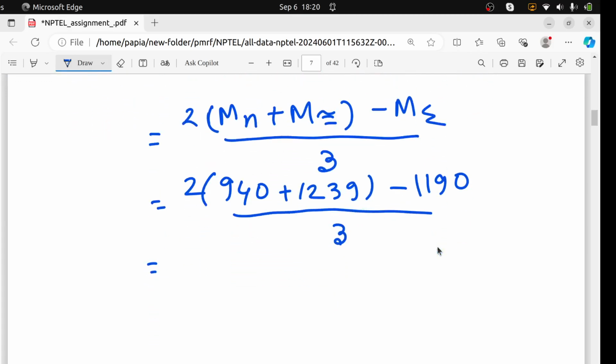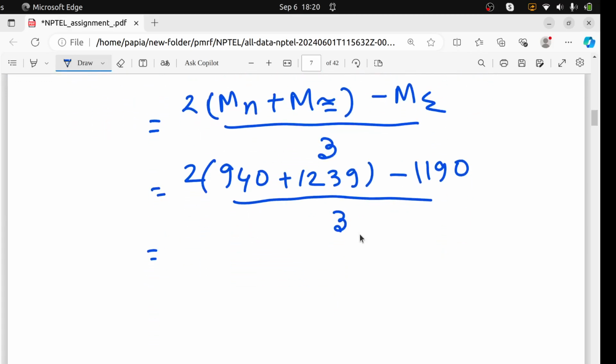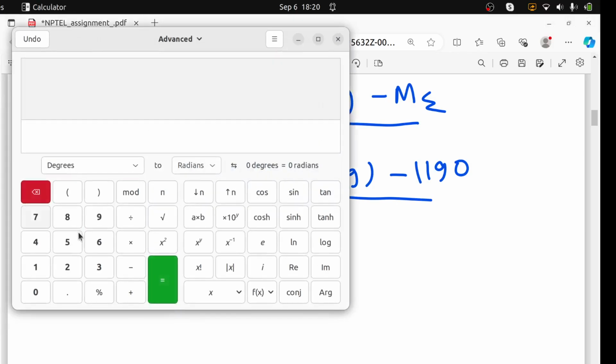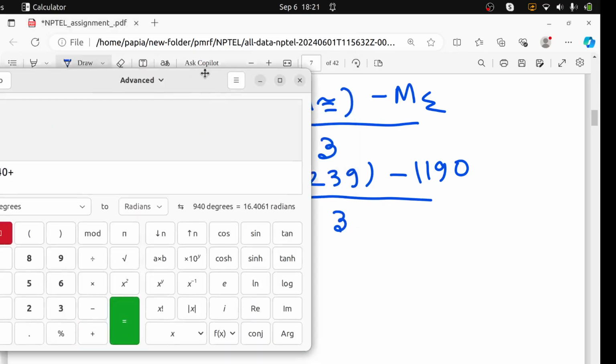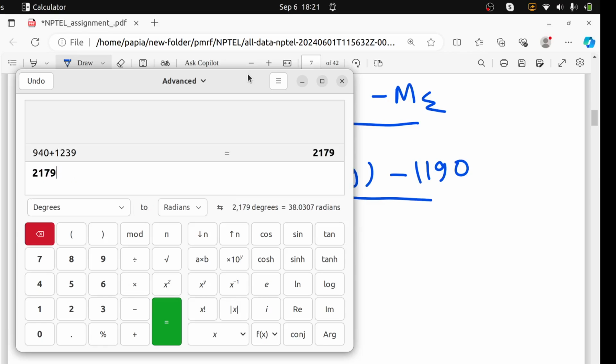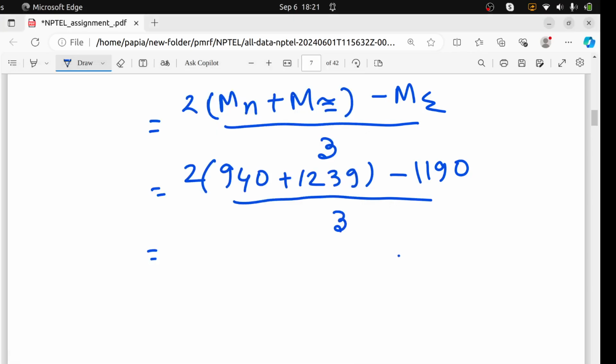So what will be the answer here? If you just simply calculate that one, maybe I can calculate here also. 940 plus 1239, into 2, minus 1190, divided by 3. So it will be 1056 MeV.